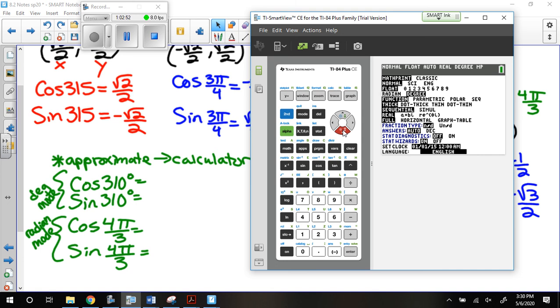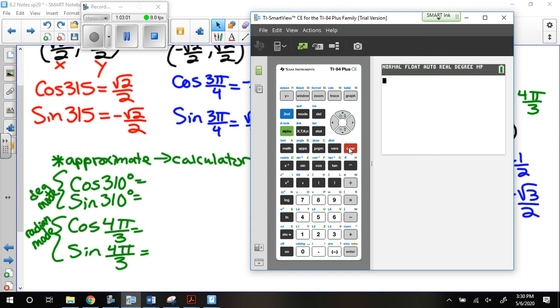Currently, degree is selected. You just hit enter on degree. It turns it black, and then you can hit clear. So if I do cosine of 310 degrees, we get about 0.64. If I do sine of 310 degrees, we get approximately negative 0.77.